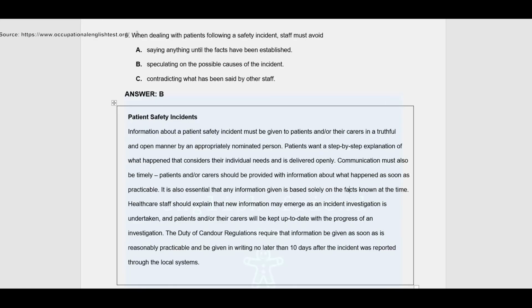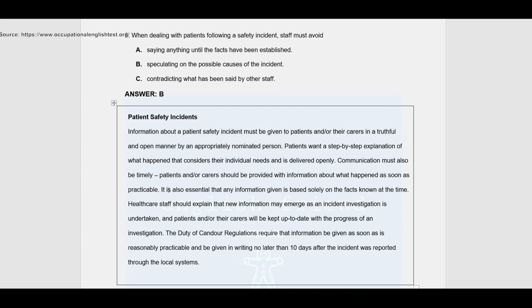Now question number 6. When dealing with the patients following a safety incident, staff must avoid. Here the answer is B, which says speculating on the possible causes of the incident. As we go through the paragraph, from the first part we may see information about a patient safety incident must be given to patient and or their carers in a truthful and open manner by an appropriately nominated person.